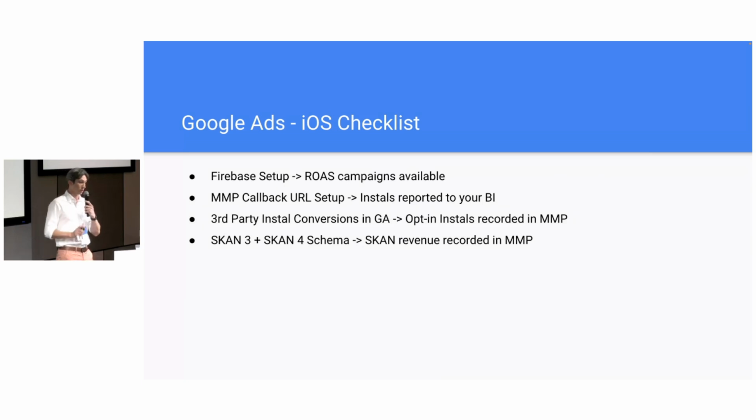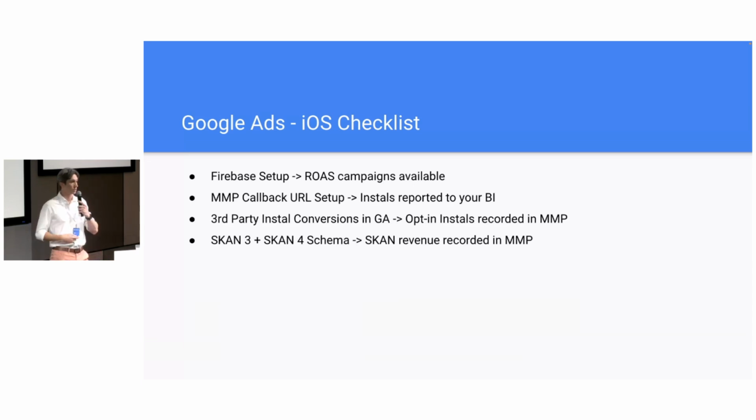Another quick note is that Google iOS installs are reported slightly differently via the MMP reporting API, so it requires an additional step of integration with your MMP partner. You need this if you want to pull install data to your internal BI tools. Also, don't forget to link MMP install conversions in Google Ads.